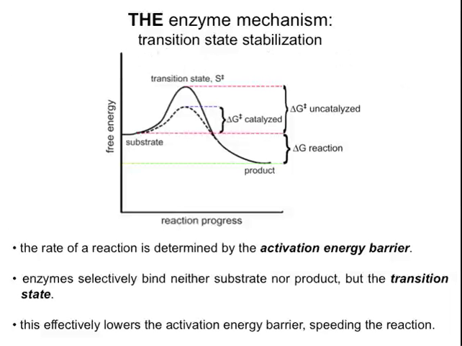So reaction rates are accelerated. That's what enzymes do. They accelerate reaction rates by lowering the activation energy barrier between the substrate and the product, which themselves have some intrinsic energy, some intrinsic delta G, or free energies, and then the delta G of the reaction is the difference between those energies.